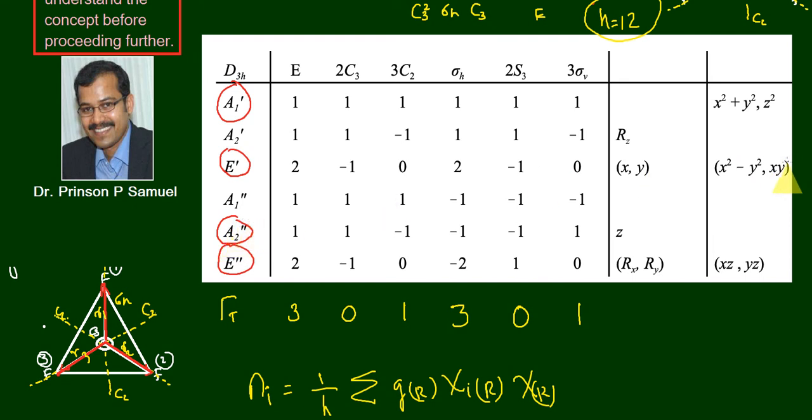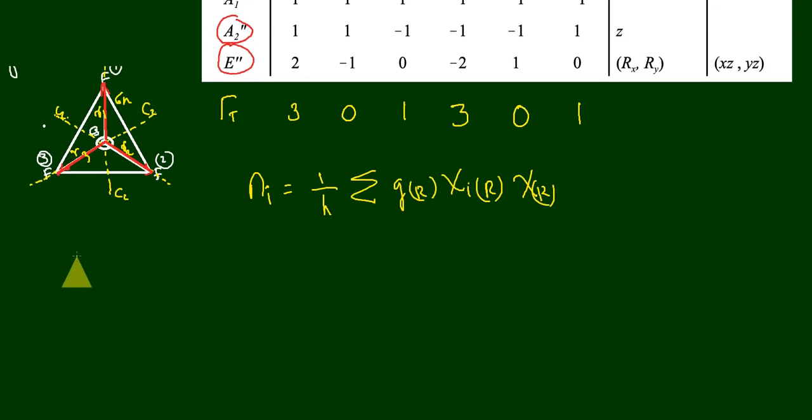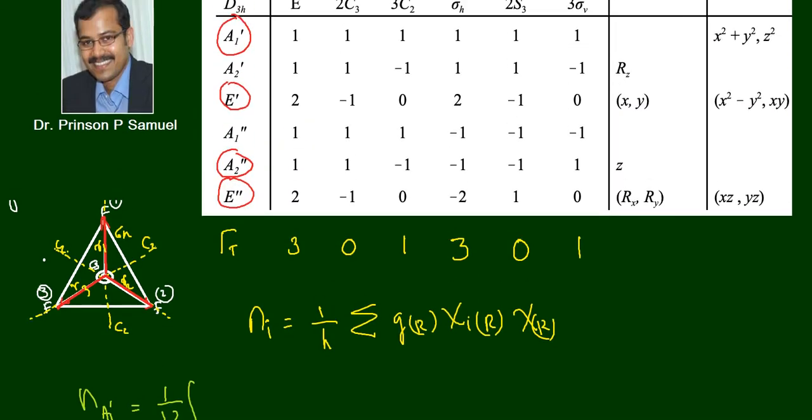Okay, now let me calculate it for A1 prime. So n A1 prime is equal to, from our equation, 1 divided by 12 into, what is A1 prime? That is this one, 1 1 1 1 1.